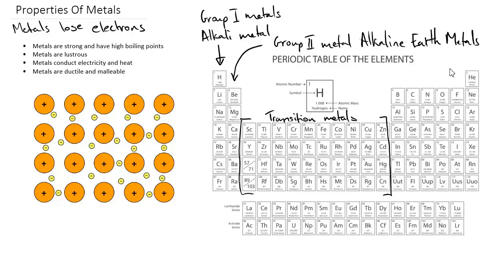For example, iron can be in its oxidation state of 2+, or it can be Fe+, or it could be Fe3+. These are all different oxidation states, so they can behave differently. Notice how it's still a positive charge, meaning that iron has still released electrons, which gives it its metallic characteristic. But they behave a little bit differently than the group 1 and group 2 metals. They're a lot more complicated.